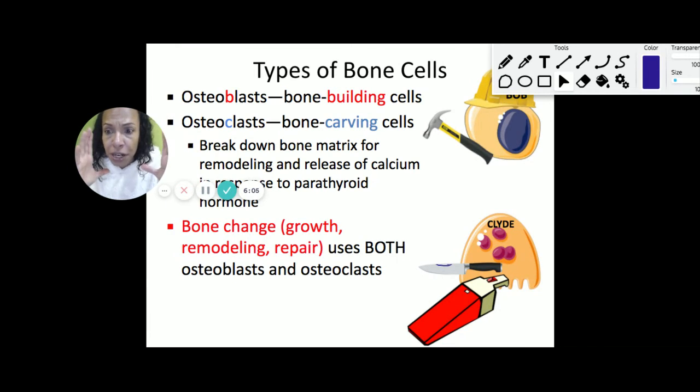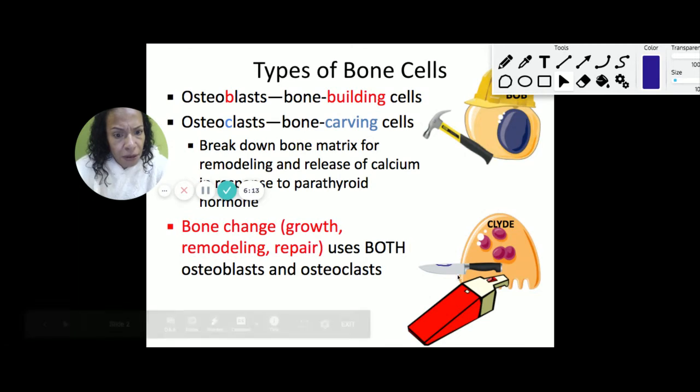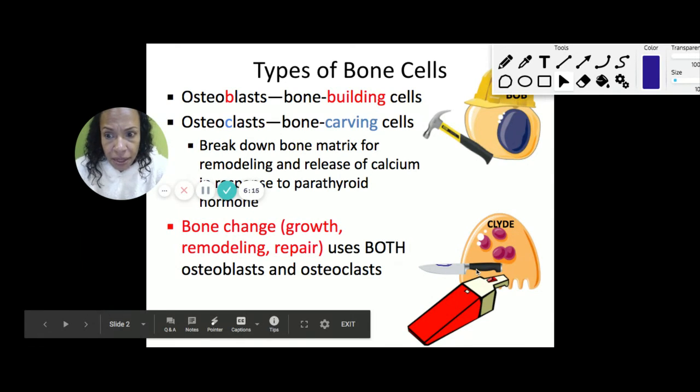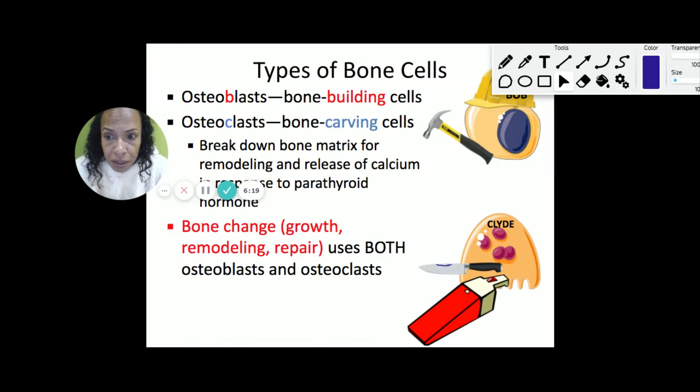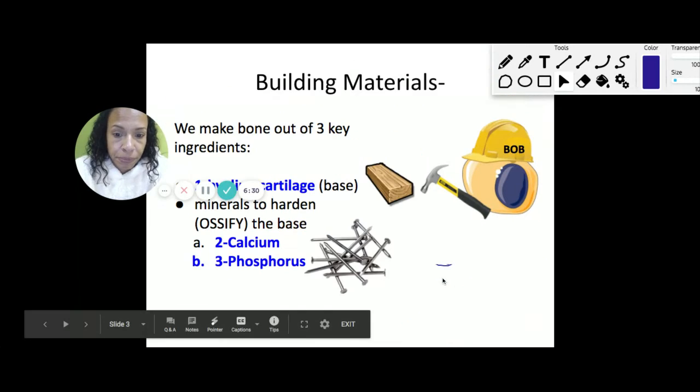You're going to have the wrong shape, or maybe your bone is going to be too heavy, or you're going to have trouble in joints, mobility, or muscle attachments. If your osteoclasts are overactive, then they're going to be causing fragility in your bones. You're going to be more prone to breaking because they're creating little holes and pulling away tissue and thus pulling away strength from your bones.